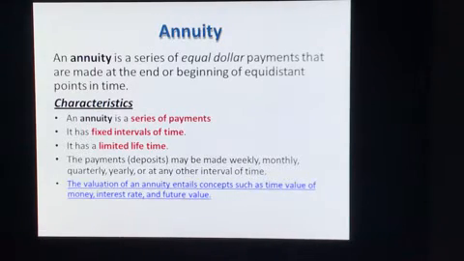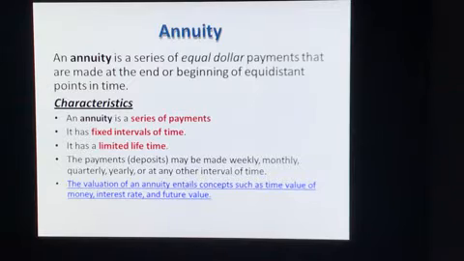So first of all, we already know what an annuity is. An annuity is a series of equal dollar payments that are made at the end or at the beginning of equally spaced points in time. There are certain characteristics of annuities. First of all, an annuity is a series of payments.